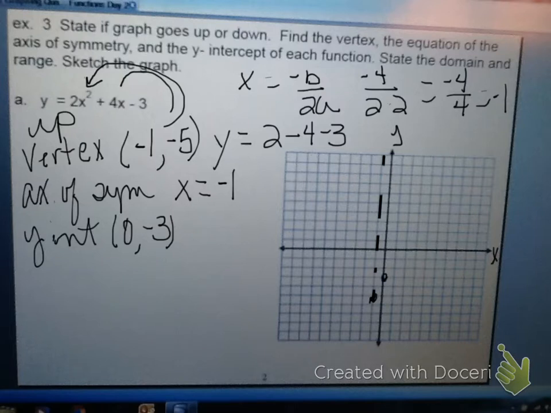Now we need to find the corresponding point. From the axis of symmetry, we went one to the right, so we go one to the left. And that ordered pair is negative 2, negative 3.